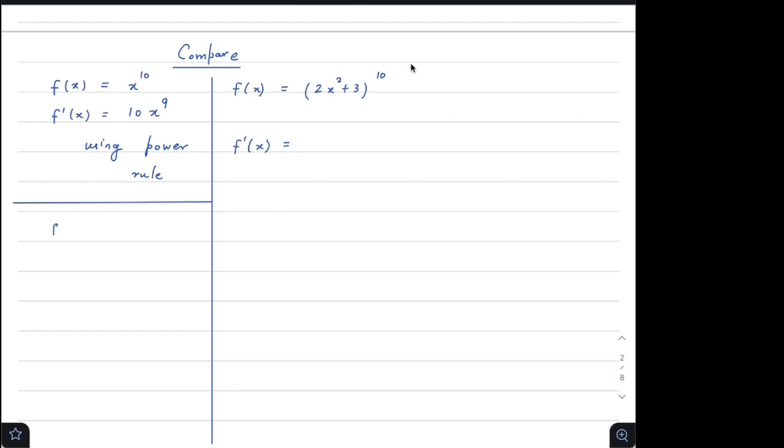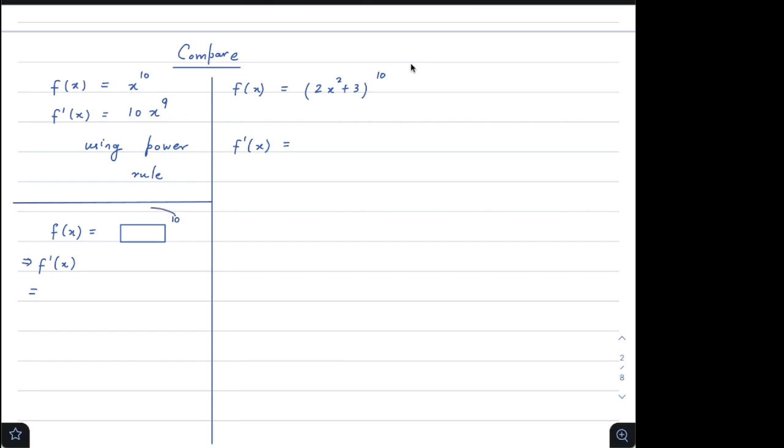But what if I have to find the derivative of a function which looks similar to this but is not exactly like this? For example, if we have a function of the form something to the power 10, then how do I differentiate it? Well, the chain rule says that you can differentiate it just like before.